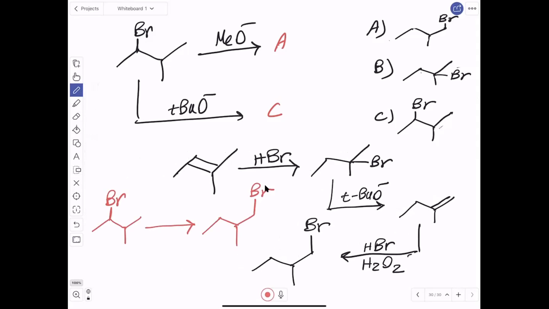And you know how to do this, right? Step 1 is methoxide. Step 2, HBr. Step 3, tert-butoxide. Step 4, HBr and peroxide.